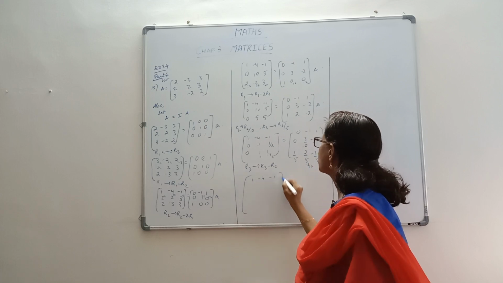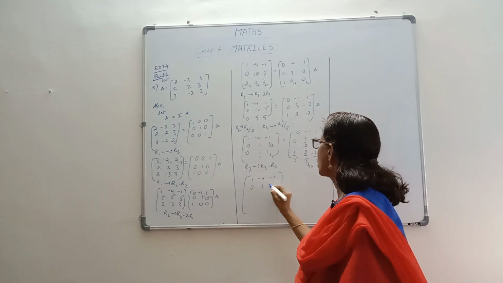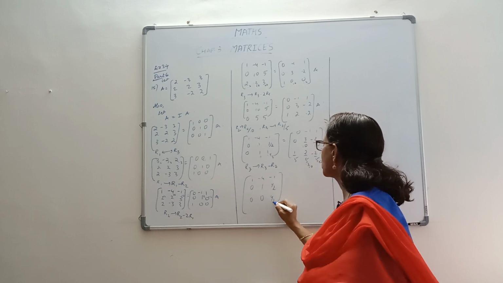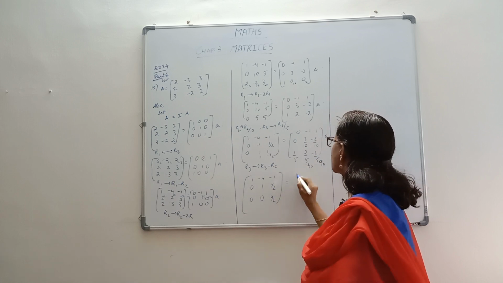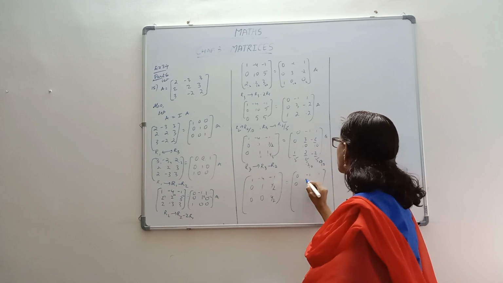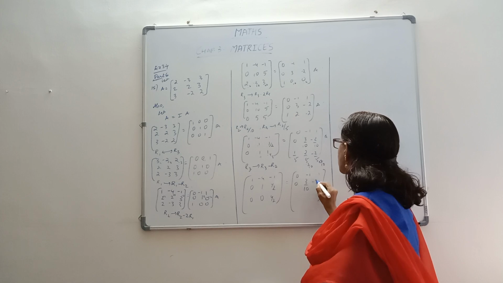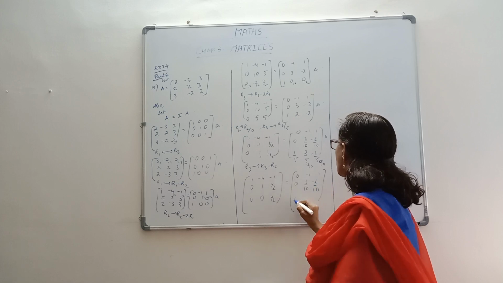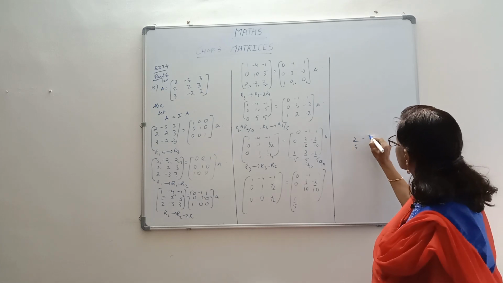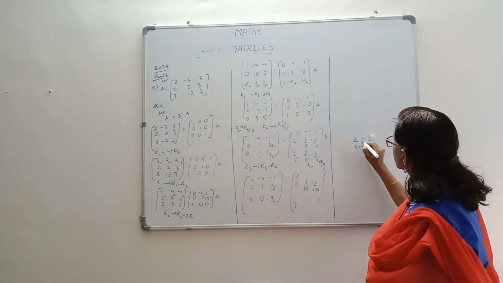1 minus 4 minus 1, 0, 1, half, 0, 0, 1 minus half, half. Then here 0 minus 1, 1, 0, 3 by 10 minus 2 by 10 and 1 by 5. 2 by 5 minus 3 by 10 into 2 into 2.